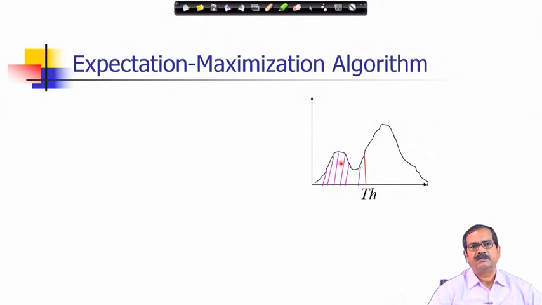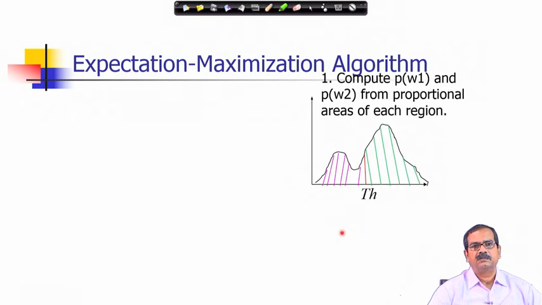This is a representation for the foreground part, and this is a representation of the background part. Given this threshold, we can compute the probability of W1 and the probability of W2 by computing the area of this part and the area of this part, and taking the proportional areas of each region. This is how the class probabilities could be computed once given a threshold value.